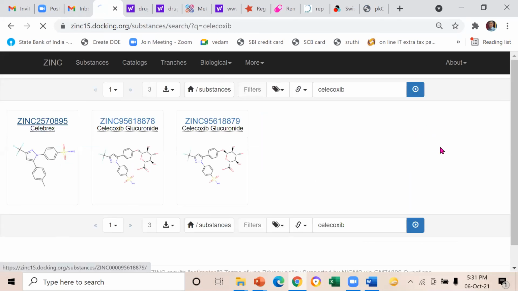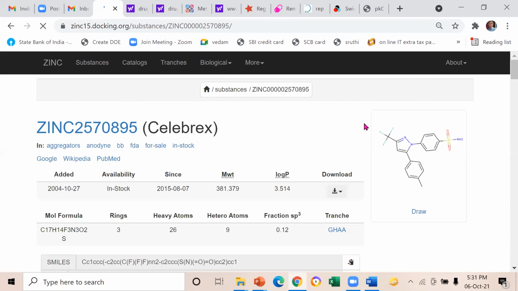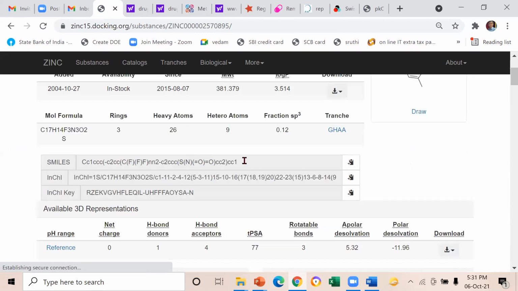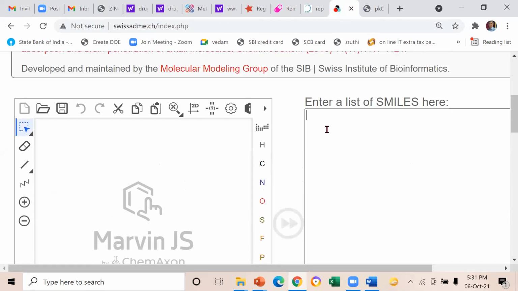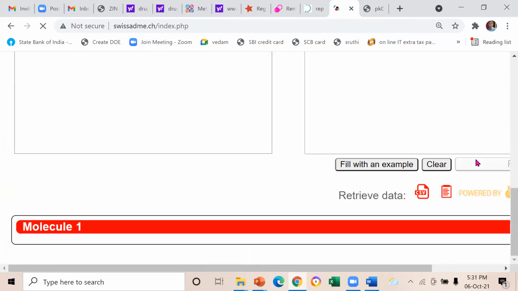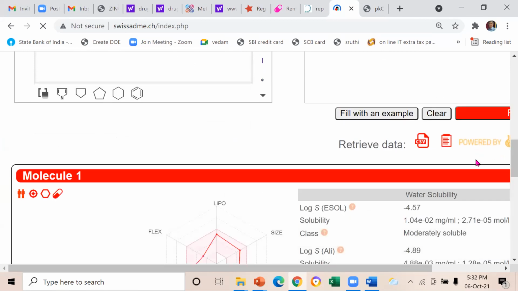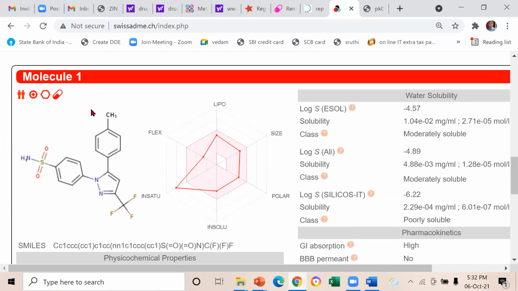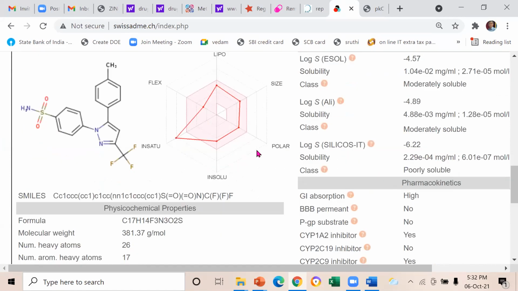It's a selective cyclooxygenase 2 drug. It's in the market. So I want to know the properties. I can copy the SMILES notation, go to SwissADME, and then I run. Okay, so this is celecoxib, a selective cyclooxygenase 2 drug, already in the market.